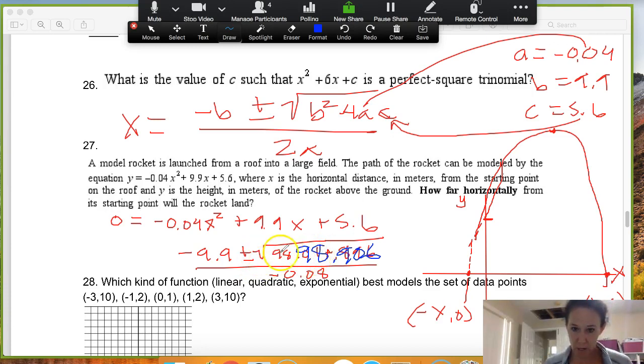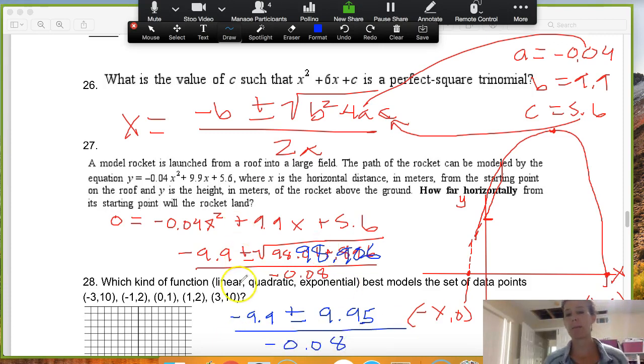I'm going to round. So I'm going to end up with negative 9.9 plus or minus, after I square root this, about 9.95. Sorry, there's no point there. 9.95 divided by negative 0.08.